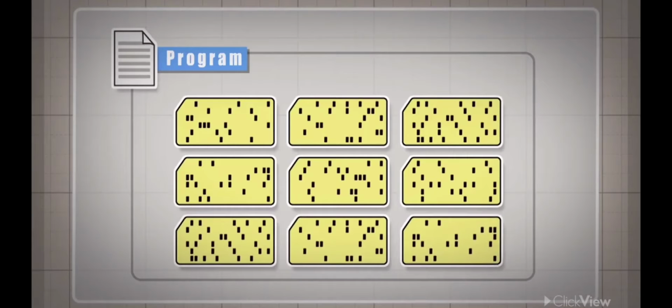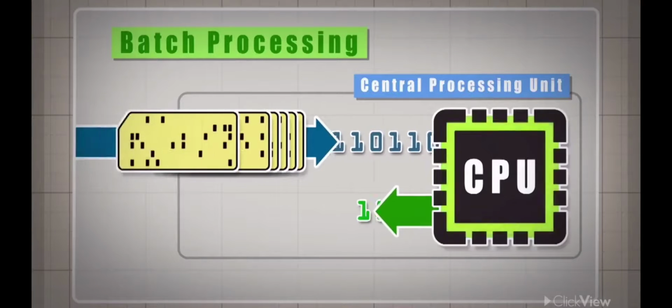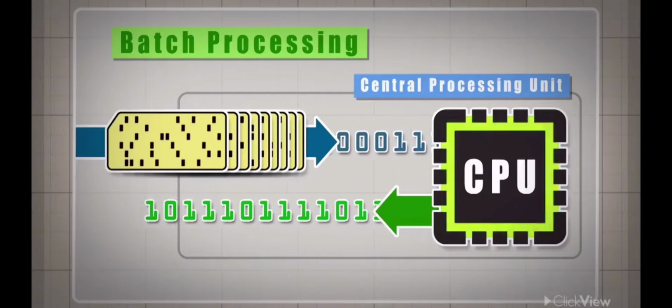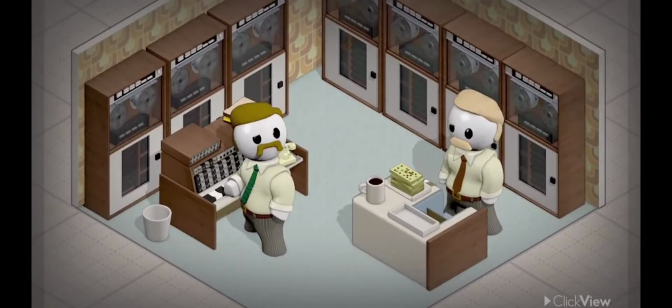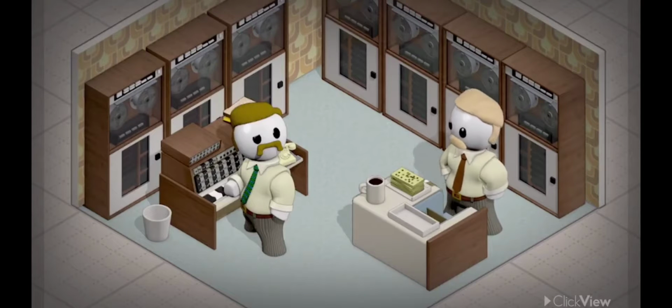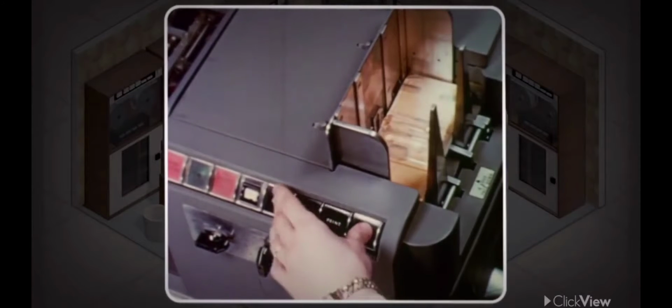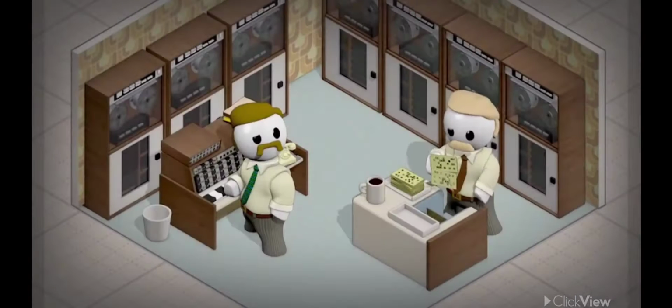Programs were written on punch cards, pieces of cardboard with holes. These were fed one at a time into the Central Processing Unit, or CPU, and enabled the earliest form of computer, batch processing. In some cases, one person was in charge of making sure the cards were fed in correctly. Their job was to correct jams and schedule when the next program could be run. As computers became faster, they were able to process punch card tasks quicker than the cards could be fed in.